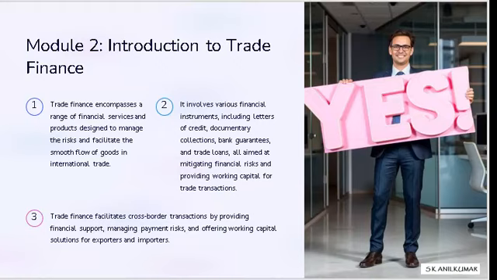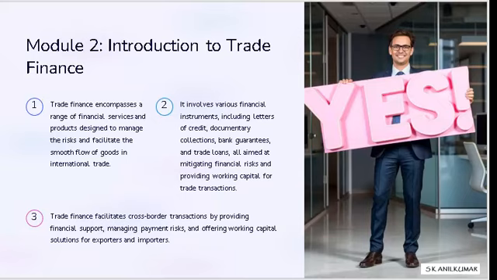The trade finance involves instruments like documentary credits, documentary collections, guarantees, and other trade loans, buyer financing or seller financing. Also, it includes supply chain finance, export credit agency confirmations, etc. These are to mitigate the various financial risks and they provide working capital for smooth flow of trade.